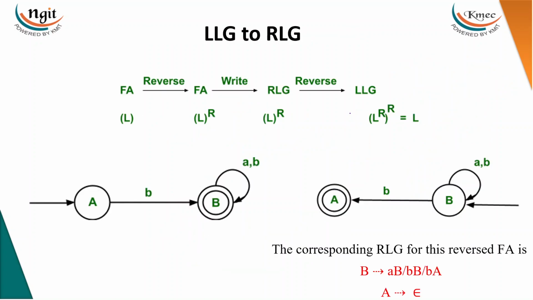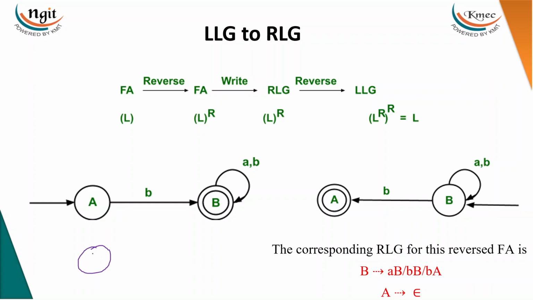Right? So then we can even convert a left linear grammar to right linear grammar also. For example, we have a left linear grammar and we have converted it into the automata. Simply interchange the final states and non-final states. Sorry, interchange the final states and starting state and just reverse the edges. Logic is very simple. Here it is starting state and final state, right?